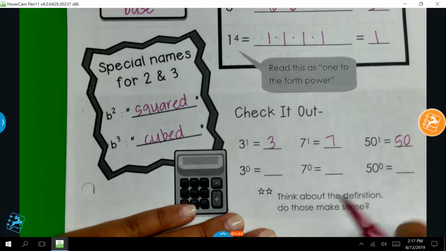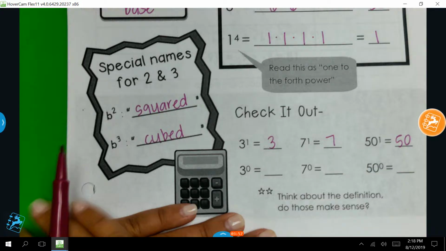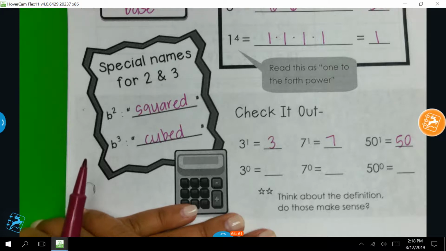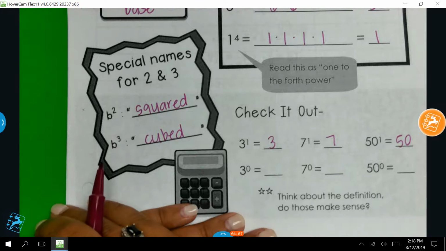Right? But what do you think if you have something to the 0 power? Harper Joe? It'll be a 0. Why do you think it'll be a 0? Because you're not multiplying it by anything. But are you multiplying it by 0? Do you multiply that base and that exponent? Do you ever multiply the 3 times the 0? It means like 3 times like nothing.